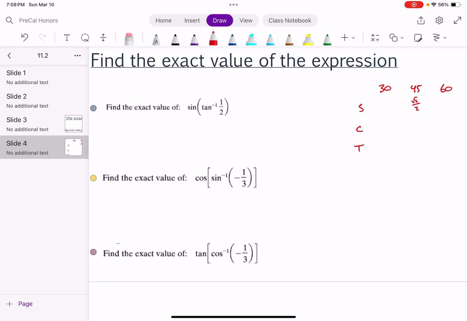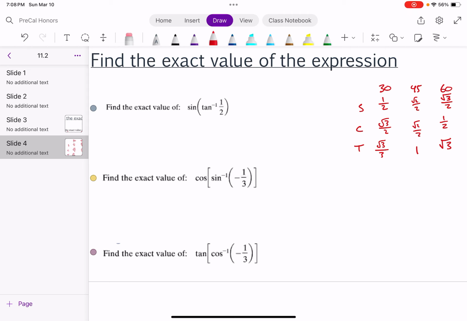Square root of 2 over 2, square root of 2 over 2, and 1 within tangent. 1/2, square root of 3 over 2, square root of 3 over 2, 1/2, square root of 3 over 3, and square root of 3.